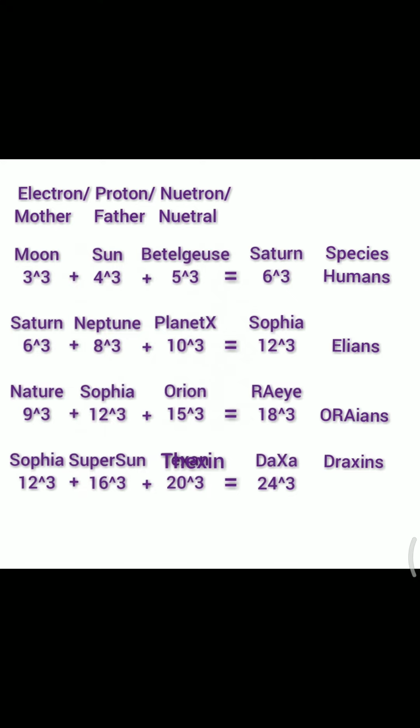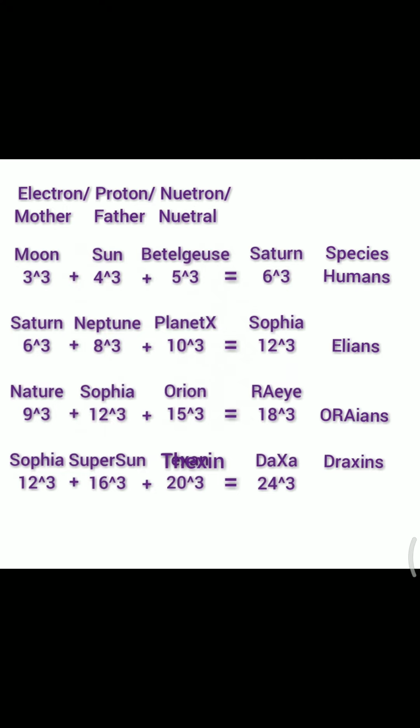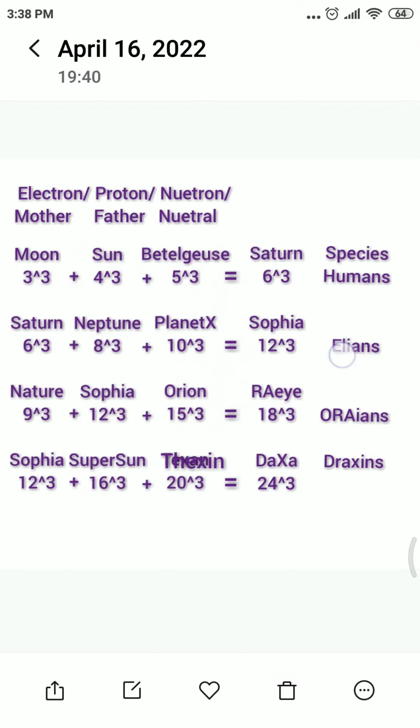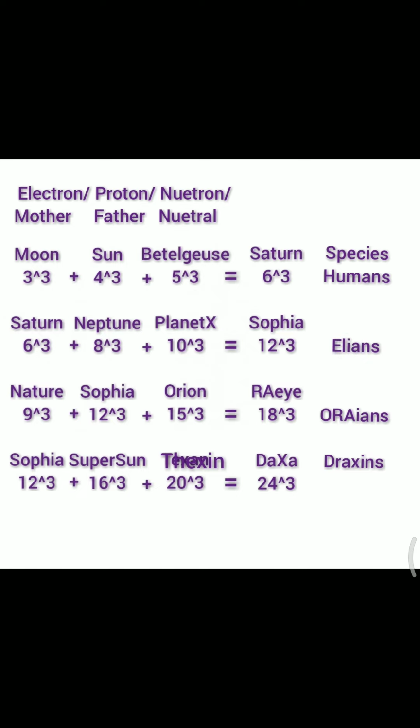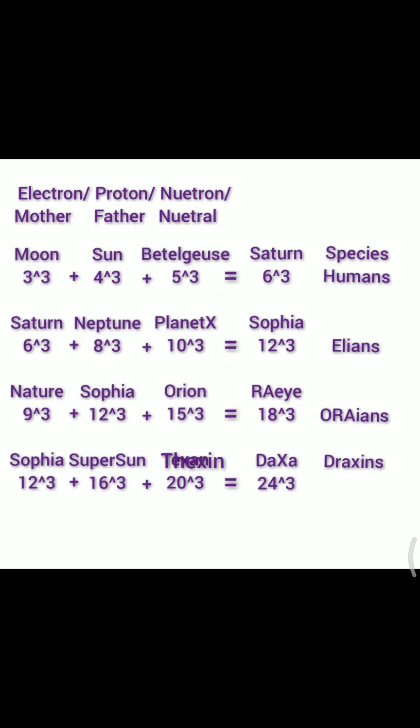So also I gave relevant names here. Those who live within Saturn system are humans. Within Sophia system, they are aliens, because it starts with letter L, aliens. So that is the second species. And the third species, combining O and Ra with these, we can call them Orions.